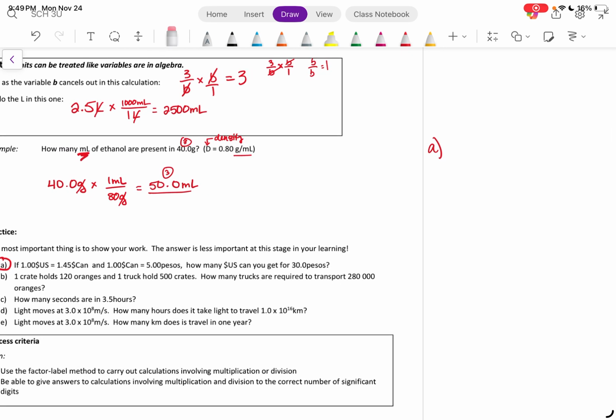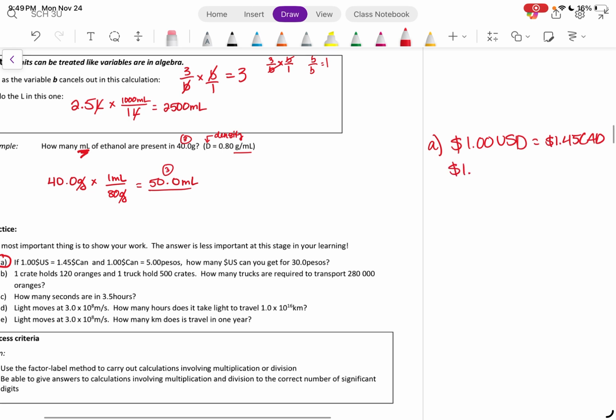So I'm going to write down my information here. So it's telling me that $1 is equal to 1.45 Canadian dollars. And it's also telling me that 1 Canadian dollar is equal to 5 pesos.